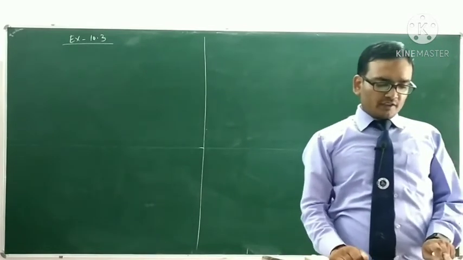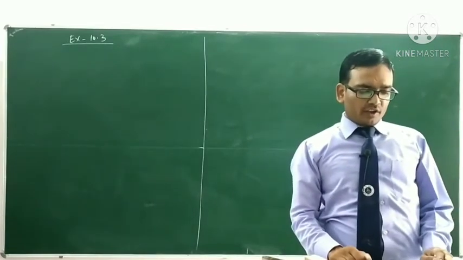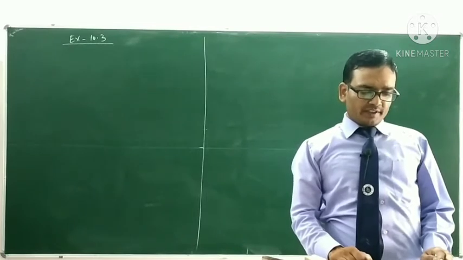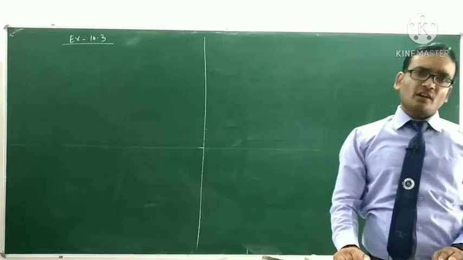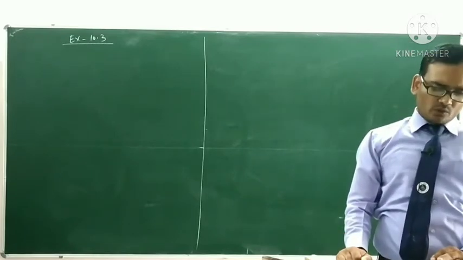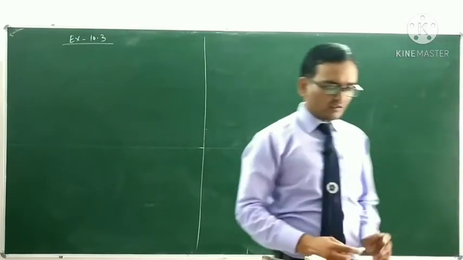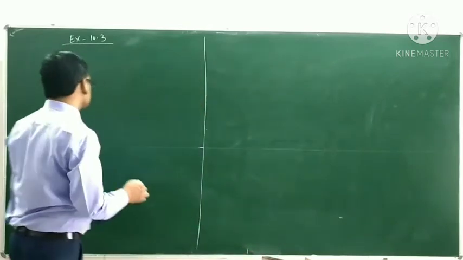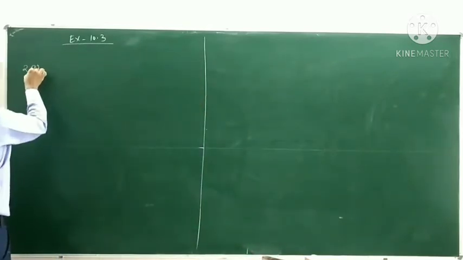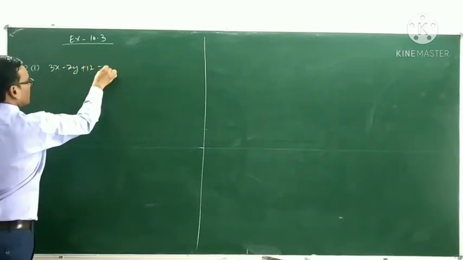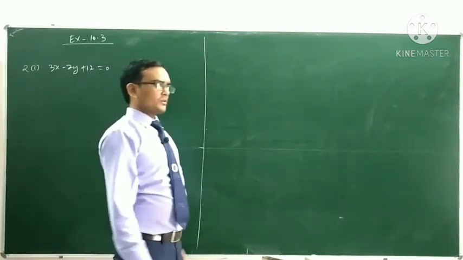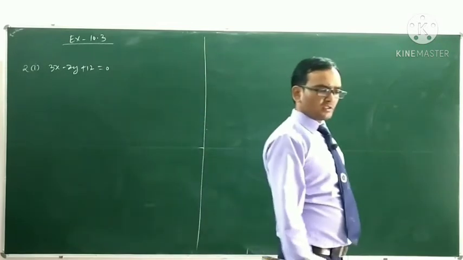Question number 2 is: reduce the following equation into intercept form and find their intercepts on the axes. Okay students, first is 3x minus 2y plus 12 equal to 0.